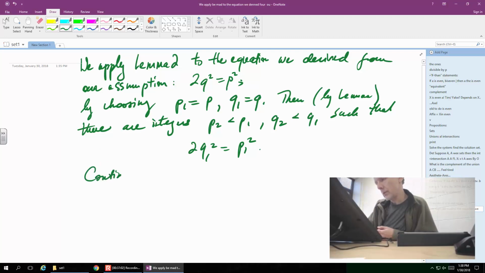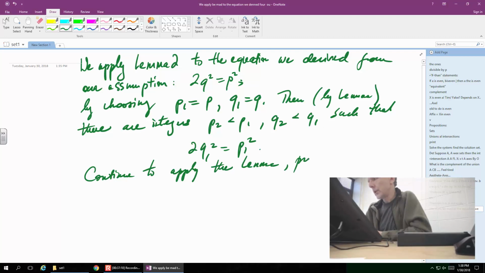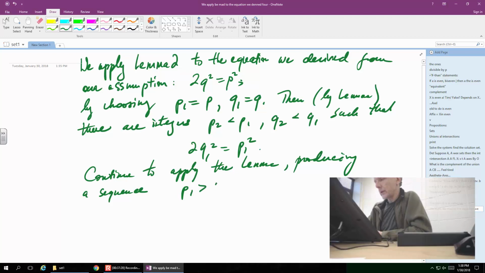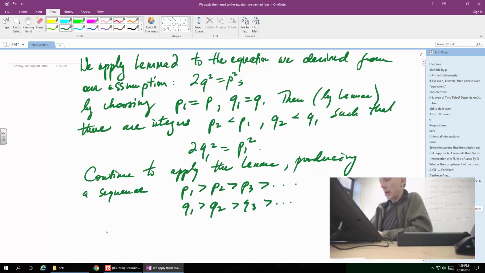So continue to apply the lemma, producing two sequences: P1 larger than P2, larger than P3, Q1 larger than Q2, larger than Q3, and our equation is satisfied. It looks very much like a sequence that we saw; we just could construct it in this manner.